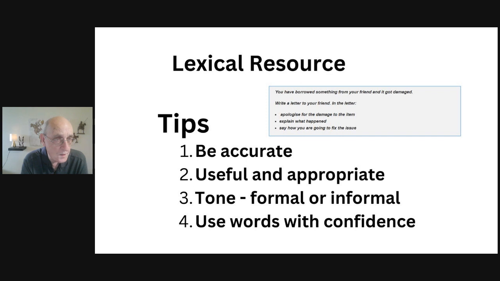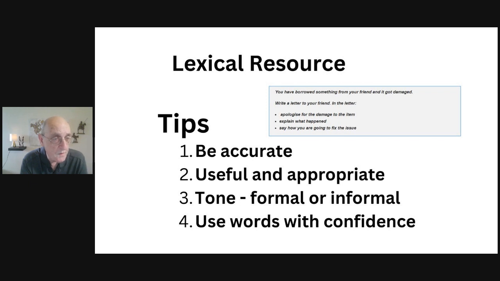Okay, you don't want to try and insert, for example, let's say you memorized a lot of fancy words that you hope to be able to use in your letter. But if they're not useful and appropriate, it doesn't matter how fancy those words are, they're not going to raise your score. As a matter of fact, they could jeopardize your score and cause it to be lower.